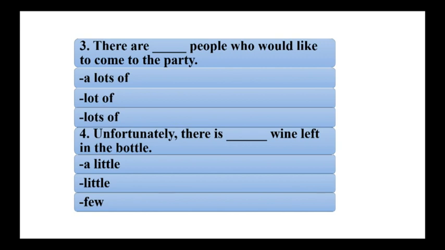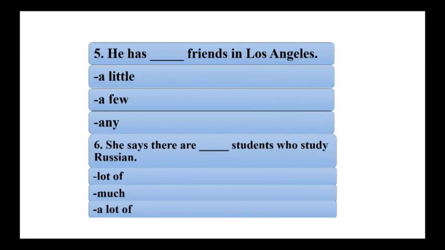Few ne može ovdje, zato što few ide sa brojivim imenicama, wine nije brojivo. Dakle, unfortunately, there's little wine left in the bottle, zato što je to nešto što je već negativno. Da je fortunately pisalo, na sreću, onda bismo stavili a little, zato što je to pozitivno značenje.